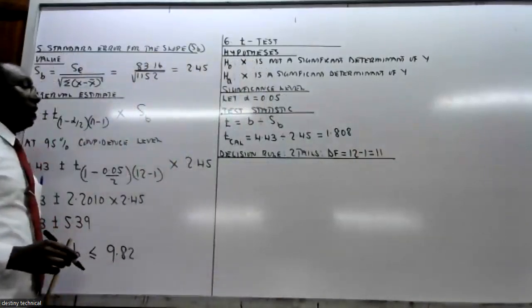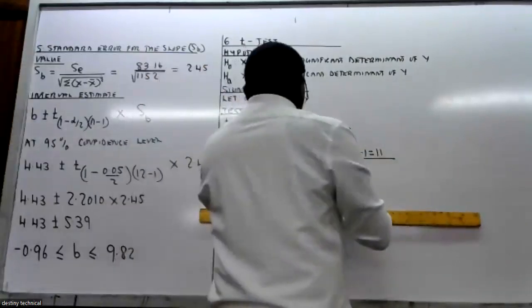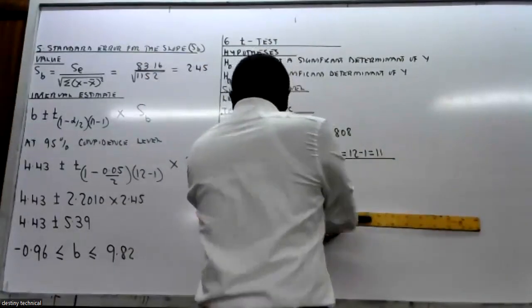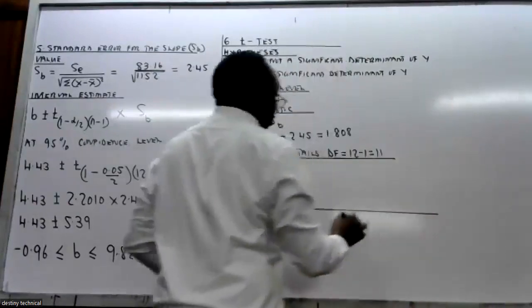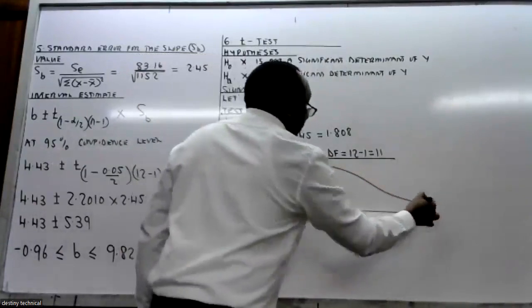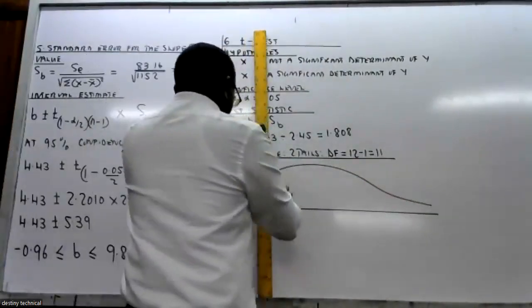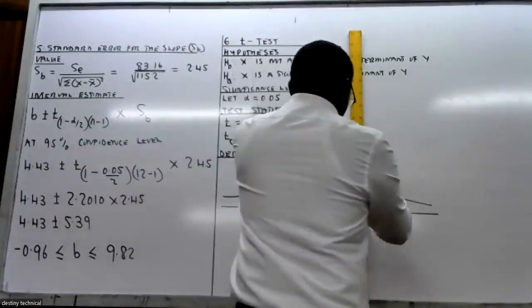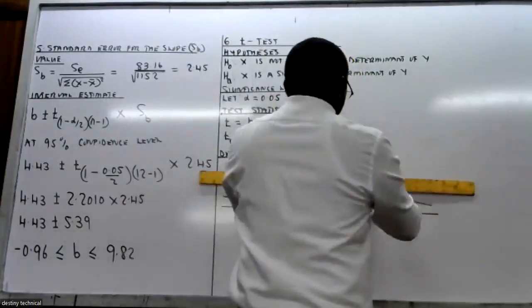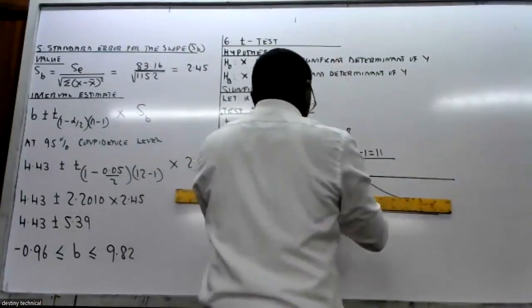So you get something that looks this way. And we divide here, here, and it says something like this.